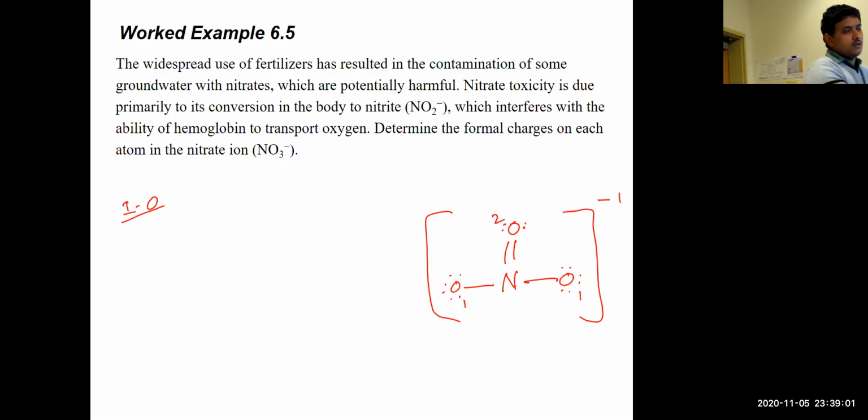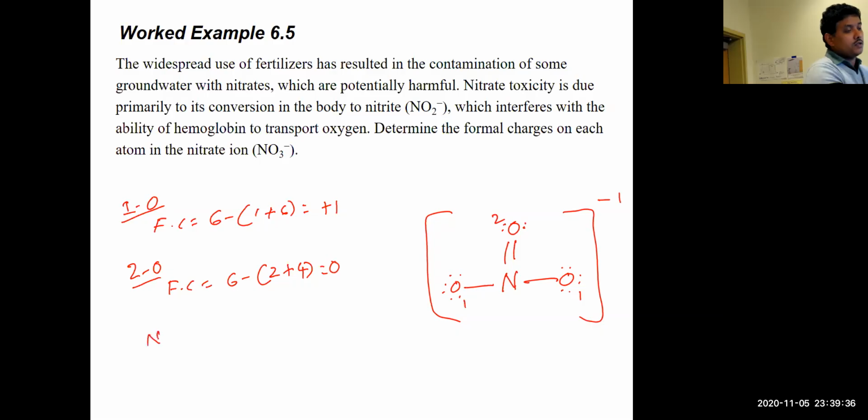The formal charge is the group number minus... I see only one bond for the oxygen labeled 1, but I see 6 dots, so the charge is going to be -1. And for the oxygen labeled 2, the formal charge is going to be 6 minus, I see 2 sticks and 4 dots, so the formal charge on that oxygen is 0.